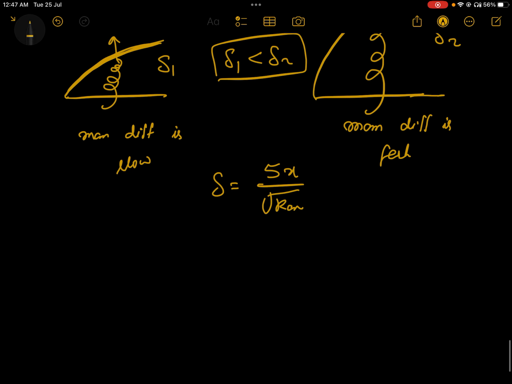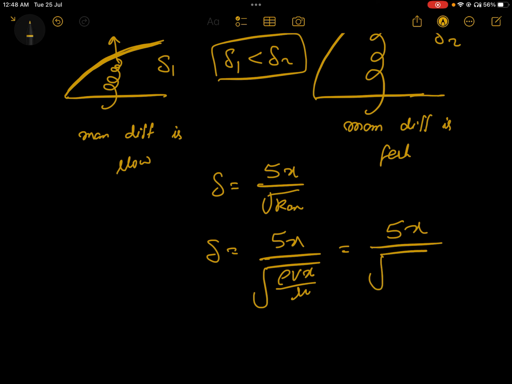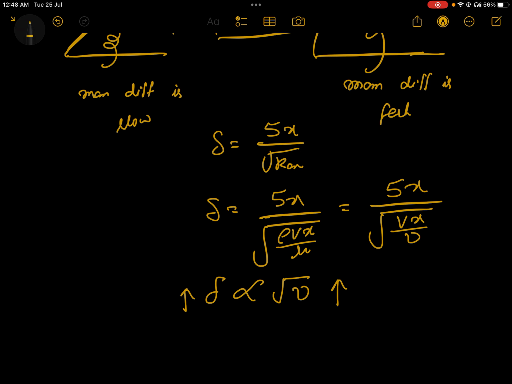From this equation, we can also show that delta is equal to 5x divided by root of rho v x upon mu, or 5x divided by root of v x upon kinematic viscosity, or delta is directly proportional to square root of kinematic viscosity. So as the kinematic viscosity is more, delta will be more. The more viscous fluid will form a thicker boundary layer.